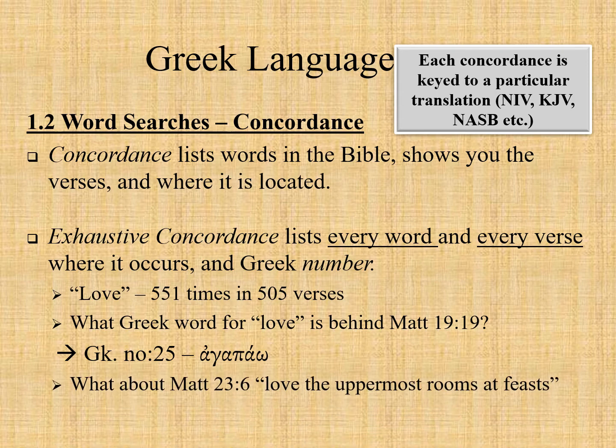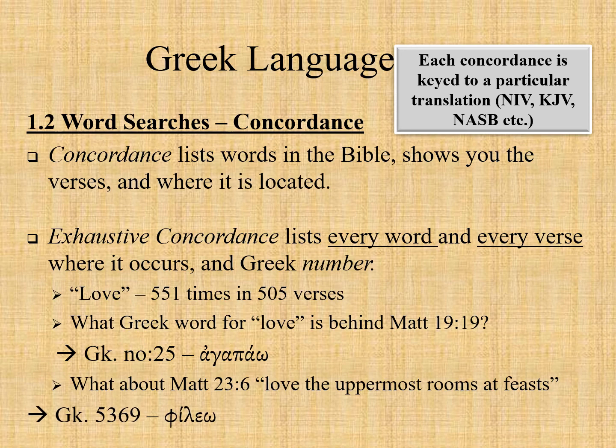We could also go to another passage, Matthew 23:6, where it states that the religious leaders, the Pharisees, love the uppermost rooms at feasts. So what particular Greek word is behind that English word love?